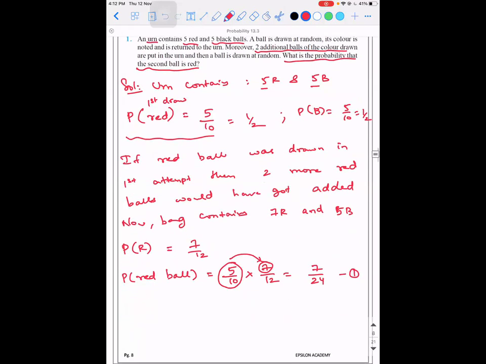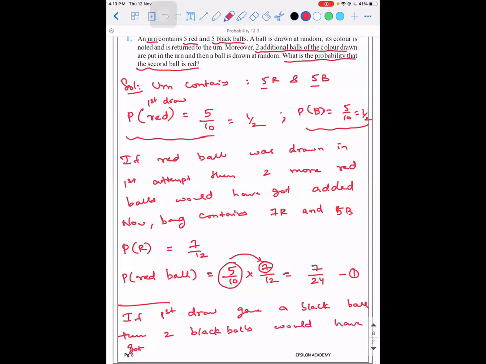But this is not the only possibility, right? What could have happened? If the first draw gave a black ball, then we have found the probability. The probability of getting a black ball is 1 by 2. Then 2 black balls would have got added to the urn.